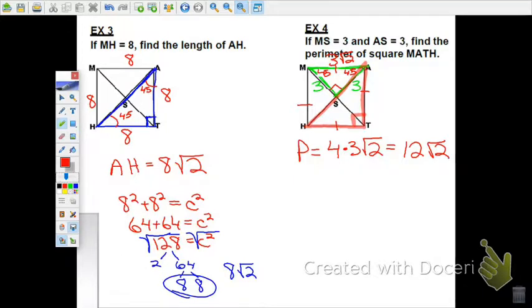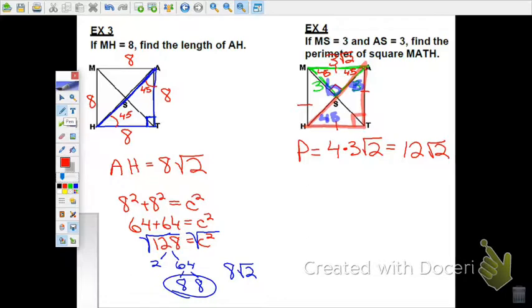And because we had half of the hypotenuse of 3, we know AH would be 6. So then we could still use our 45, 45, 90, with the 6 being the hypotenuse.